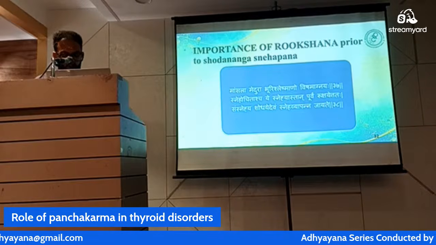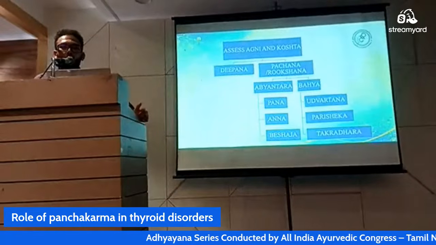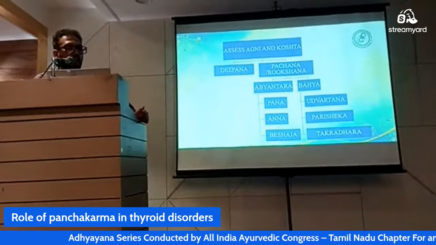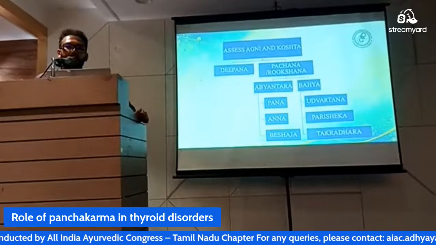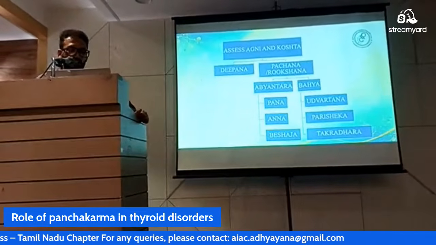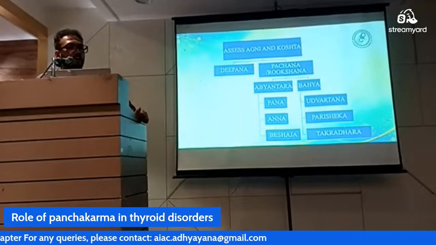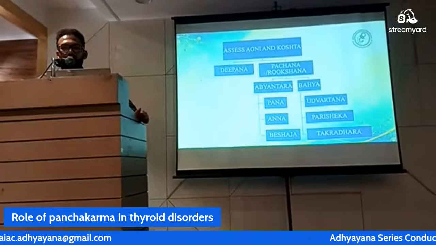So how to go for Rukshana in these? We can go for two methods of Rukshana: one is Abhyantara Rukshana and the other is Bahya Rukshana. Bahya is the external therapies, where we go for Udvartana or Ruksha Kashaya Parisheka, like Dhanyamla Parisheka or Takradhara. Abhyantara Rukshana is what we had already seen: Pana, Anna and Aushadha.